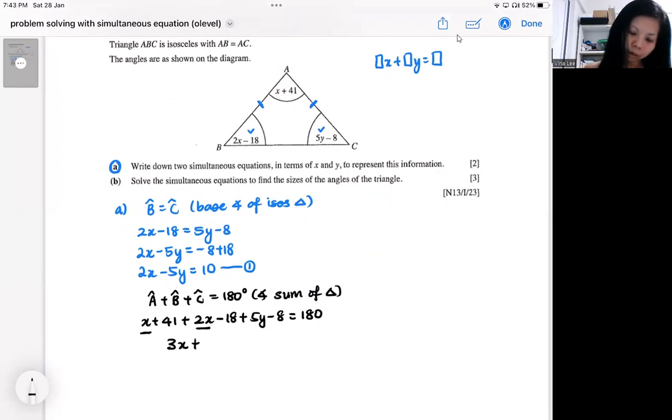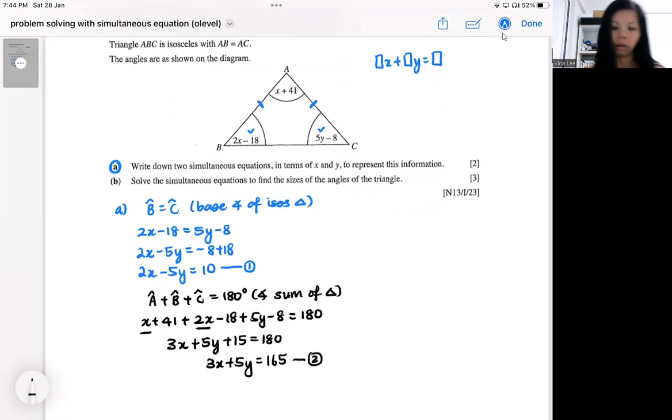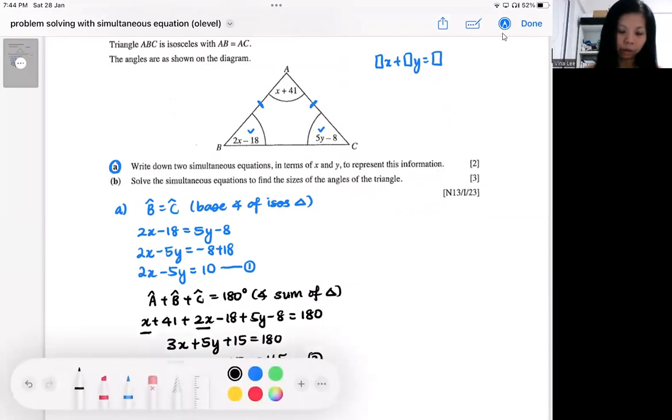So if you add the x, you add the y, and you add the numbers, you will get a 15. So bring the 15 over, you will get a 165. So that will be your equation 2. Nicely done for the two equations.